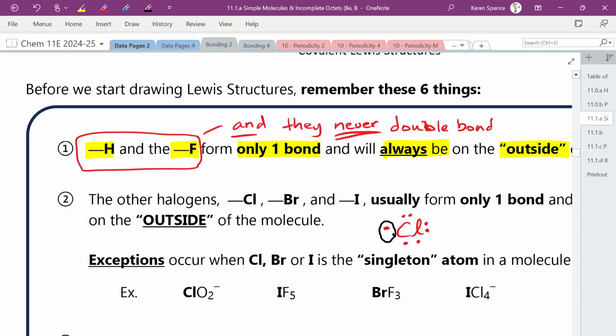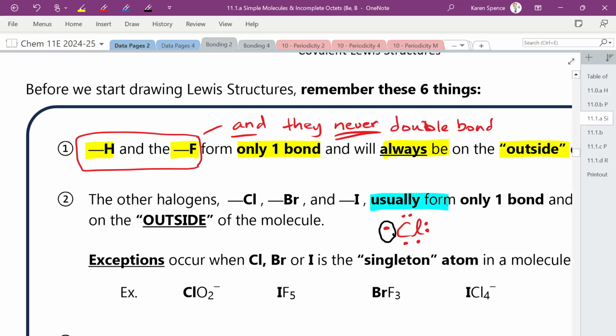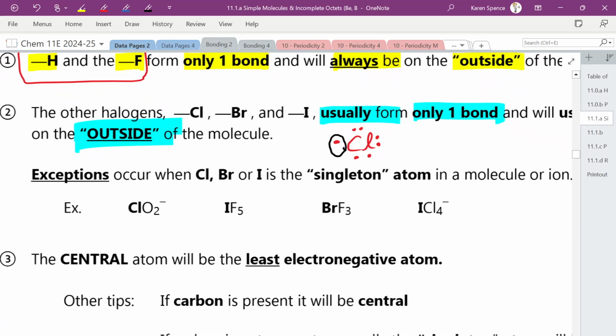So usually chlorine, bromine, and iodine only form 1 bond, and usually they're on the outside. So this is a usually. So we have some exceptions here. You can see we've got ClO2, IF5, BrF3.